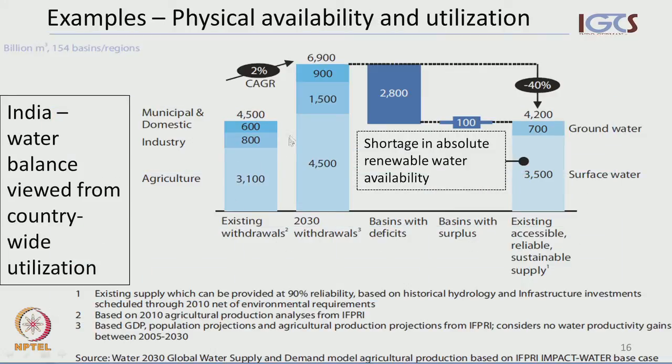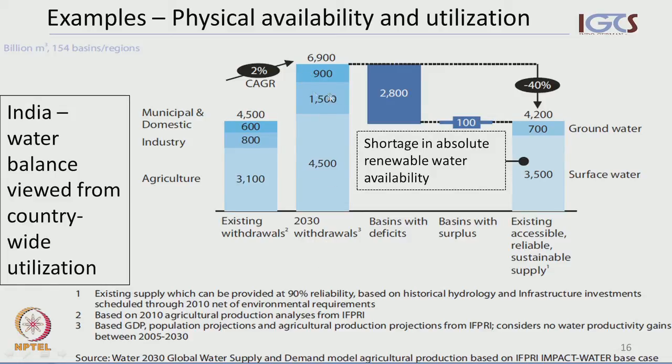Another example where physical availability and utilization are brought together, a water budget again, in this case from India, and India-wide, not based on a catchment, but based on what the country as such has available. We can already here see what is available or existing today, what has been used for the different purposes, agriculture, industry, domestic, municipality, and what the projections are for the year 2030.